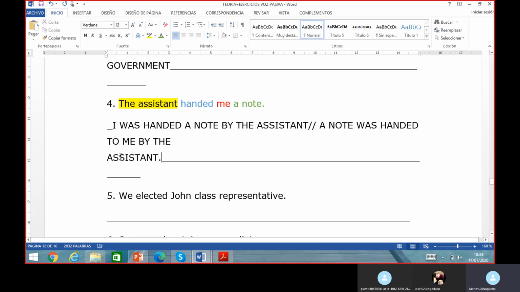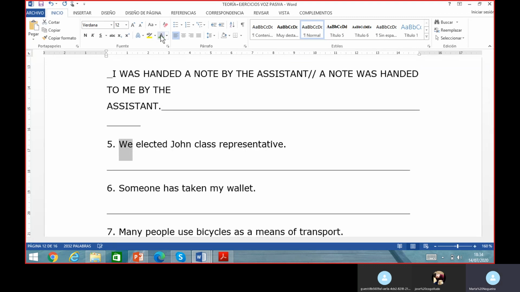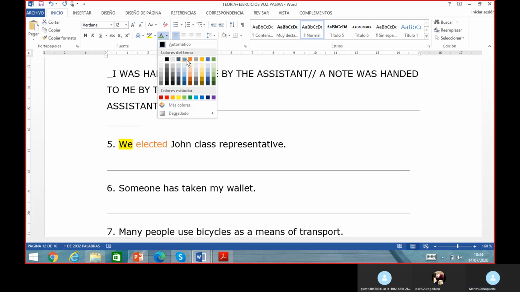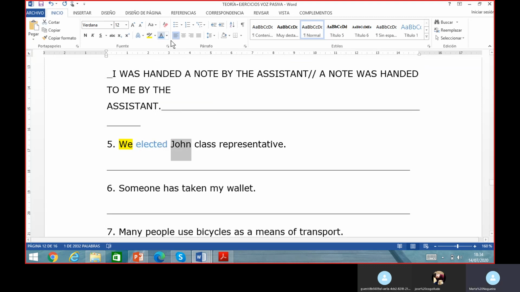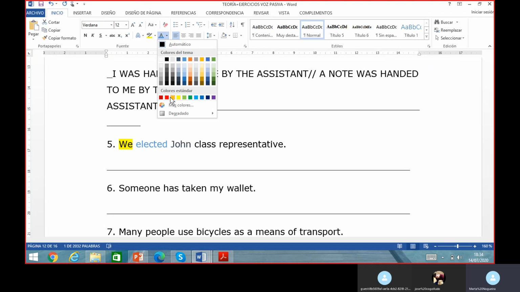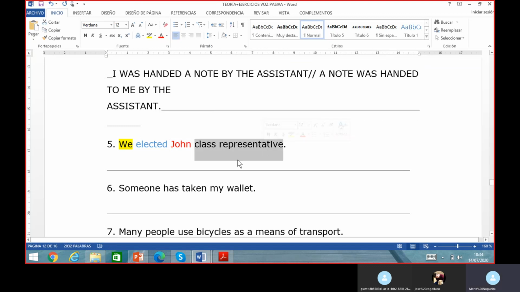Good. 5. We is our subject. Elected is our verb. John is the indirect object. And class representative is a complement. Okay, so we don't care about it. Let's put it in this color.